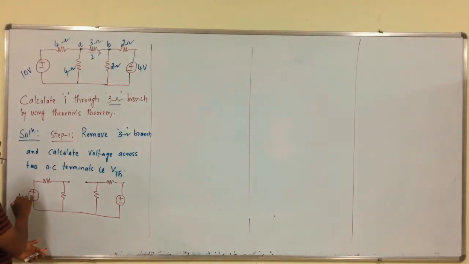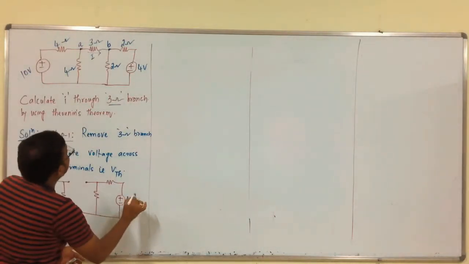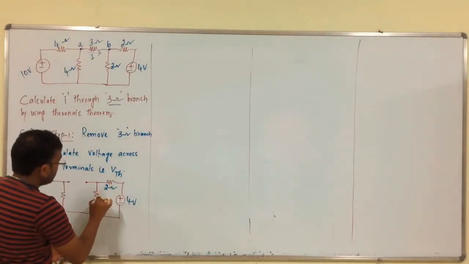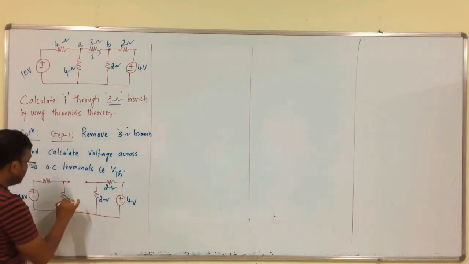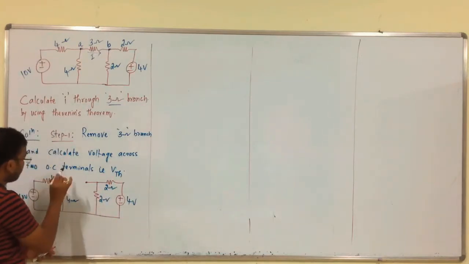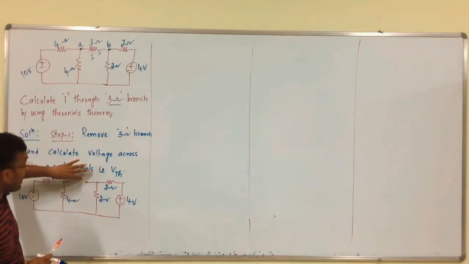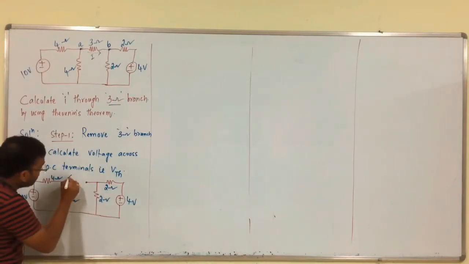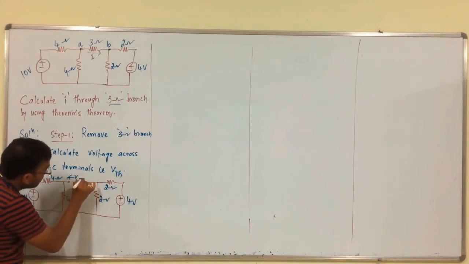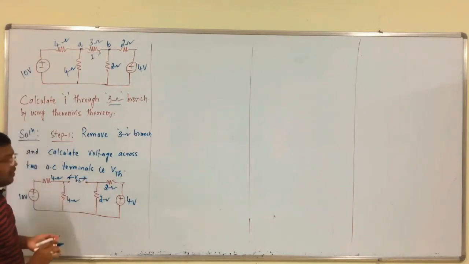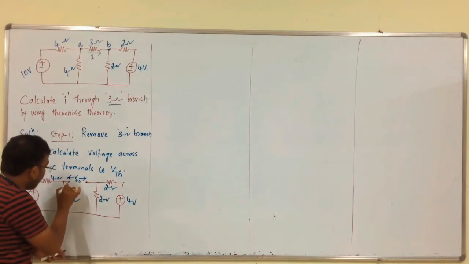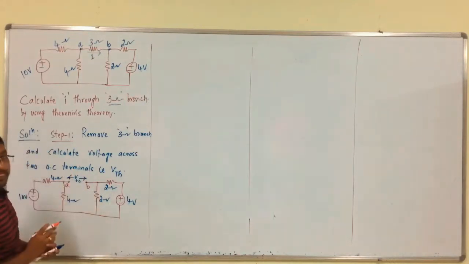This is 10 volts, this is 4 volts, this is 2 ohms, 2, and this is 4, this is also 4. So, we have to remove this resistance and calculate the voltage between these two terminals. This is terminal A, terminal B.